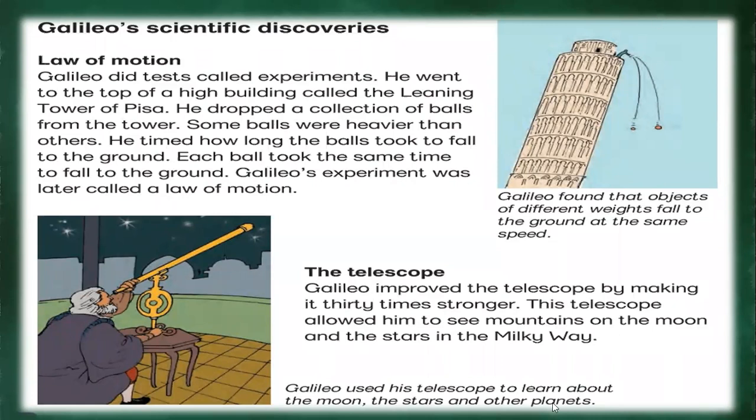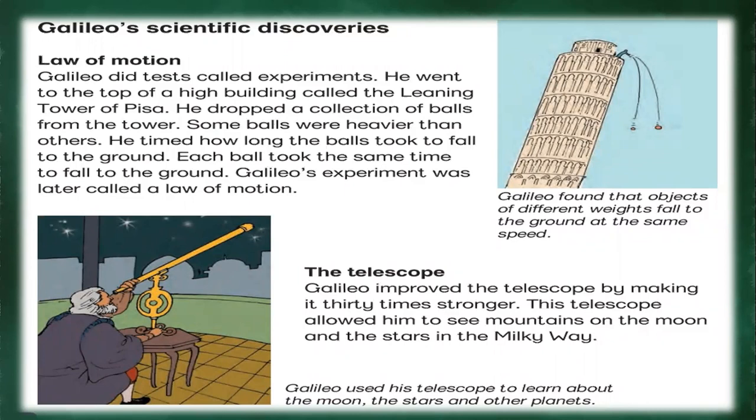Galileo's scientific discoveries. Law of motion. Galileo did tests called experiments. He went to the top of a high building called the Leaning Tower of Pisa. He dropped a collection of balls from the tower. Some balls were heavier than others. He timed how long the balls took to fall to the ground. Each ball took the same time to fall to the ground. Galileo's experiment was later called a law of motion.